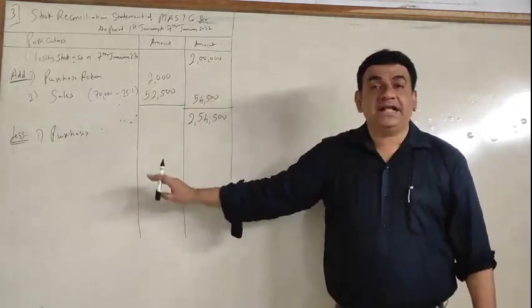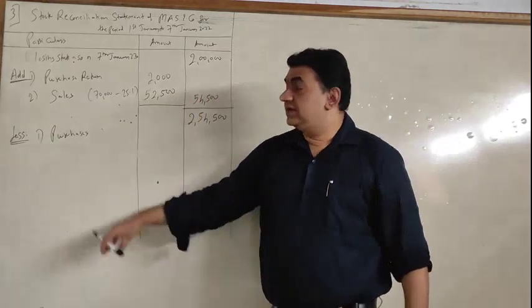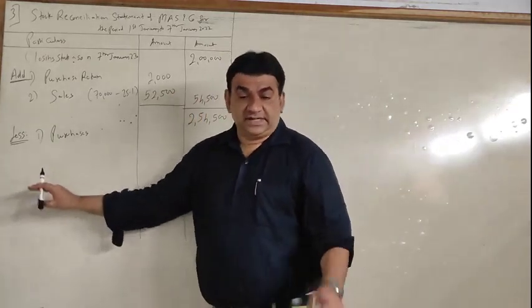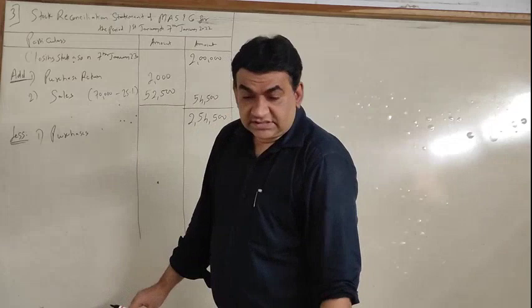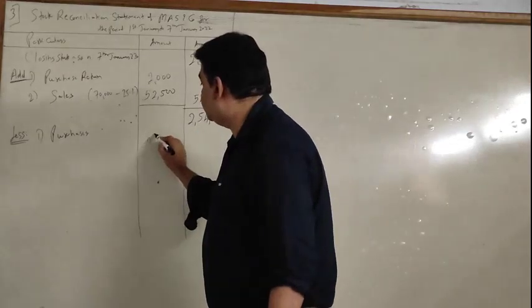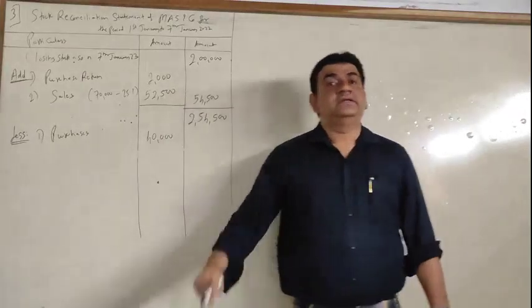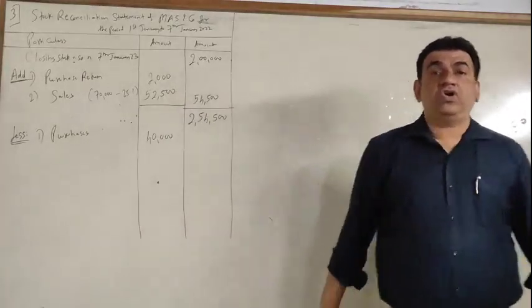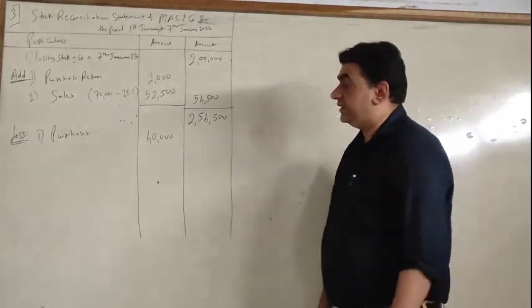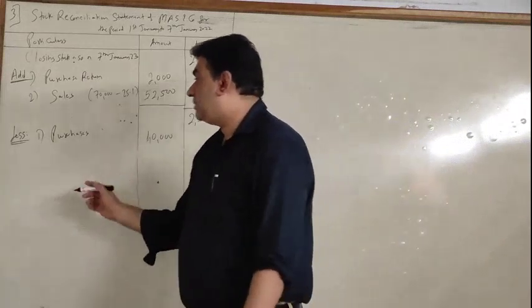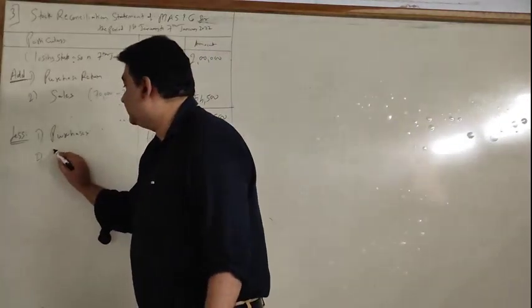So remove it from here. Therefore we are deducting. How much is my purchases? 40,000. So right there. Getting it now? I want my stock on 31st December. Next. What is left? Sales return.